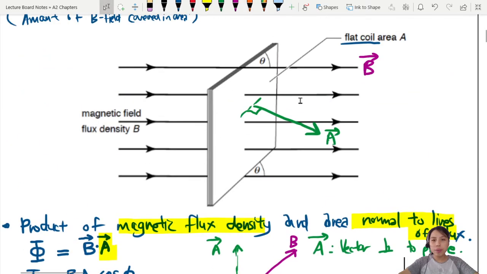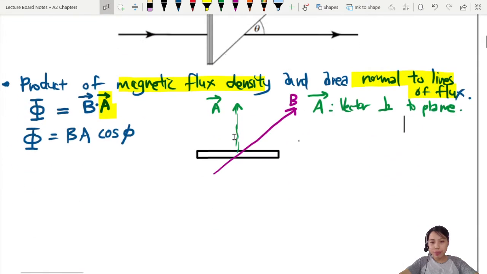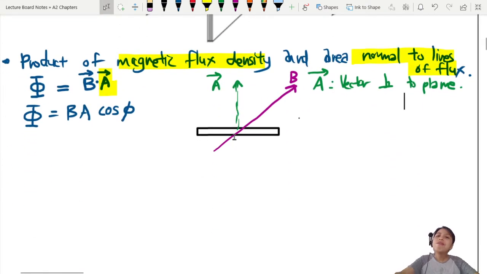Firstly, based on the diagram above, angle theta up here is between the plane A and the magnetic field line B. So plane of A, magnetic field of B. So that will be the angle right here. This is our theta. Now to make sure we resolve everything in the plane, component of the plane, we make sure we resolve B into two parts.